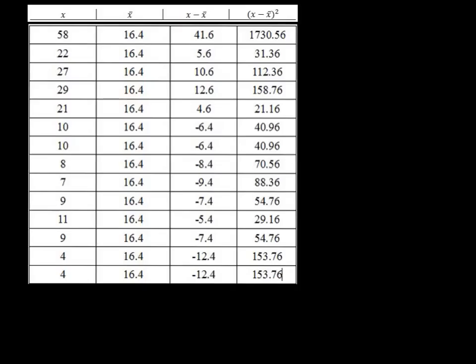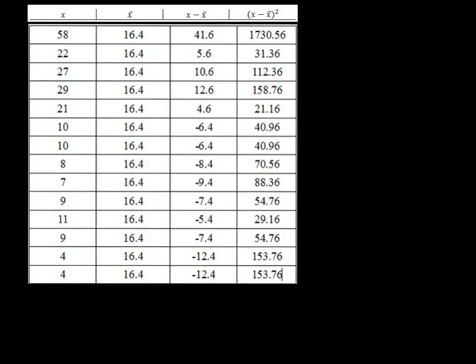So I took the liberty of filling out the chart the way we would all do it by hand. And as you can see, we have all our data values in the leftmost column. The mean, which we calculated as 16.4, is in the second column. We subtract across to get the third column, x minus x bar, and then we square those values to get our fourth and final column, (x minus x bar) squared.